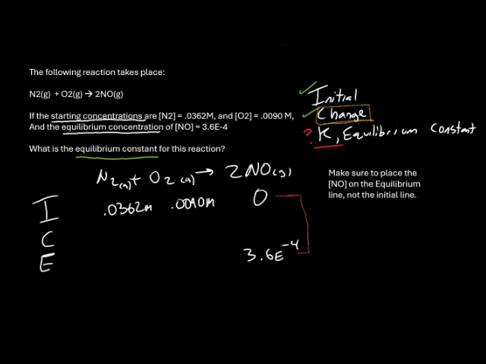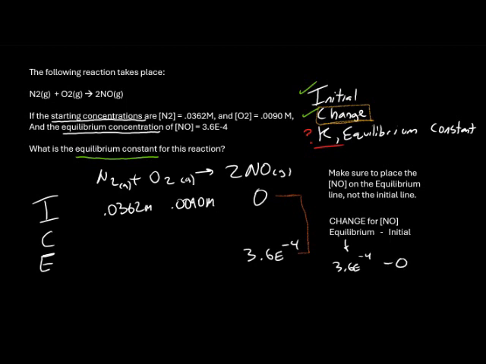The change for NO will be the equilibrium concentration minus the initial concentration. Our equilibrium concentration is 3.6 E-4.